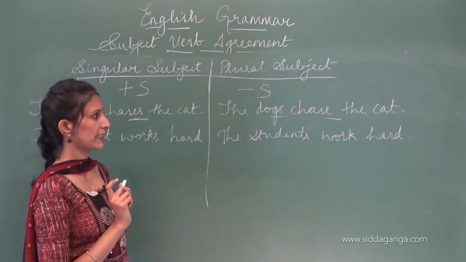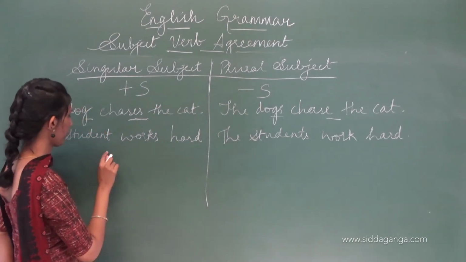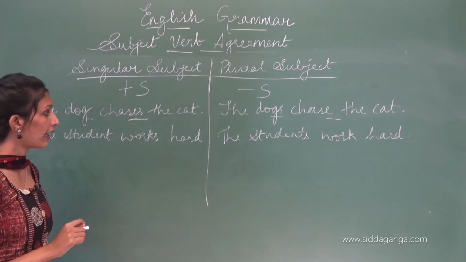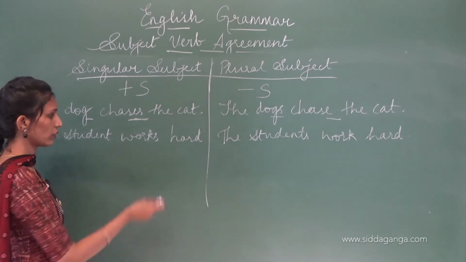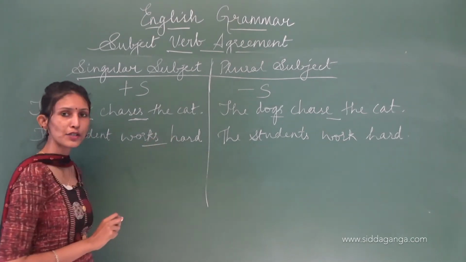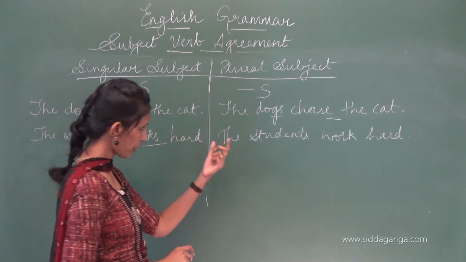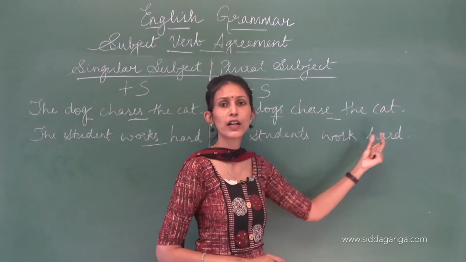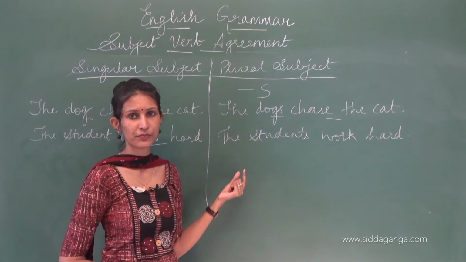So see the plus s and minus s. See here, the student works hard. Student is singular there. So works becomes an addition of the s. Same thing you see here, the students work hard. This is how you will get in your exam.